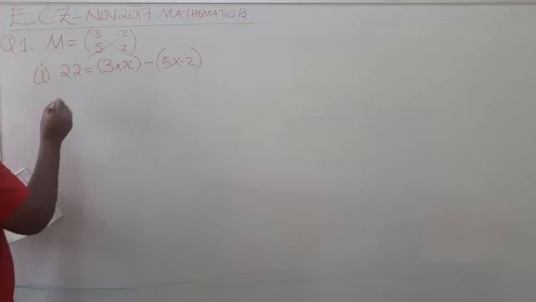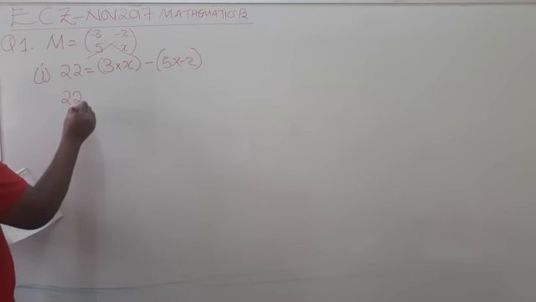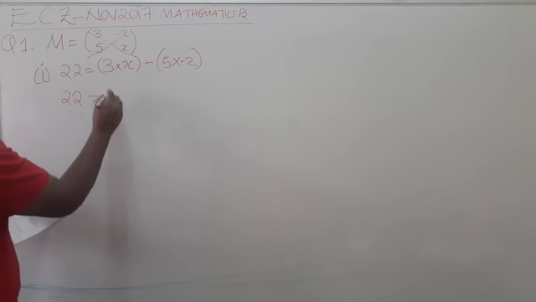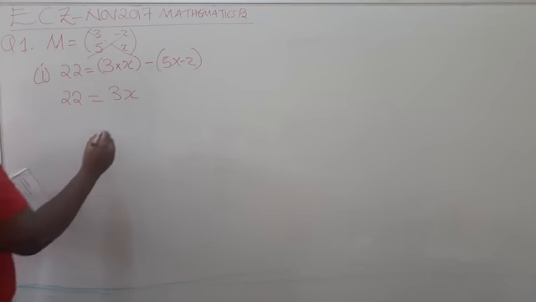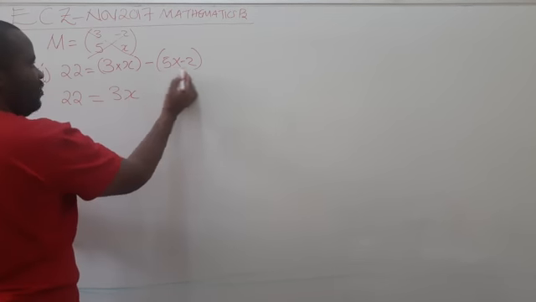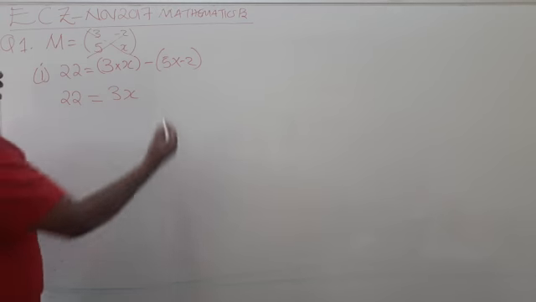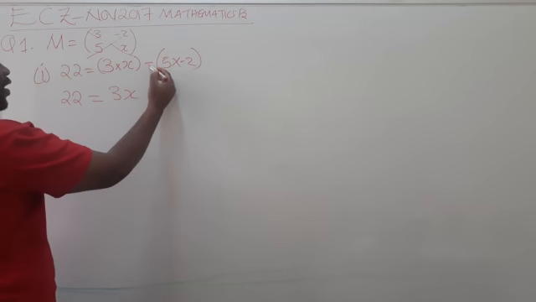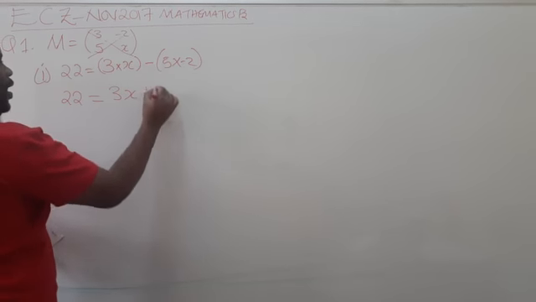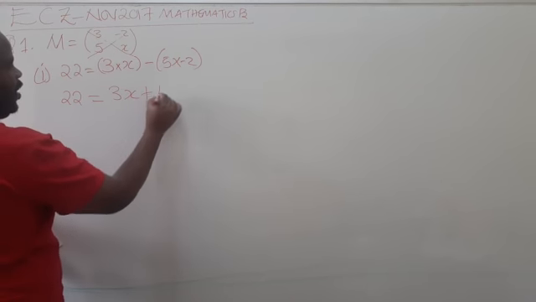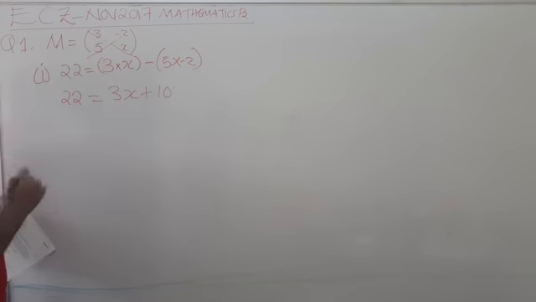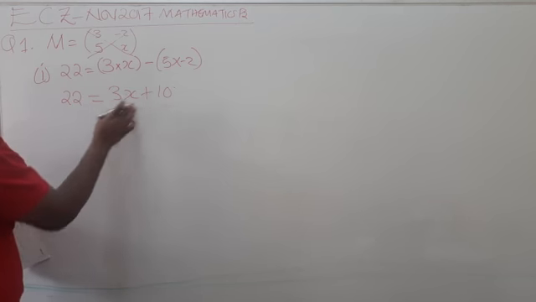So we say 22 is equal to 3 by x, which is 3x. Now, 5 by negative 2 is negative 10. Negative 10 by negative is positive 10. If you want, you can put this on the left hand side.